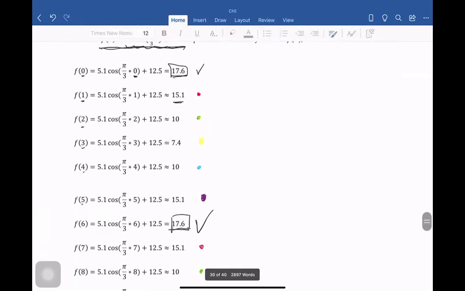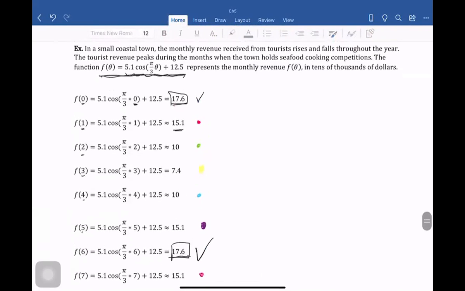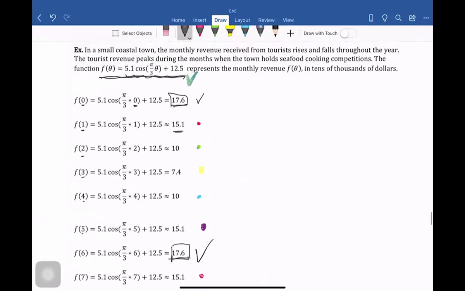That means this is a periodic expression, because after I insert the numbers 0, 1, 2, 3, 4 up to 11, they provide us periodic values.